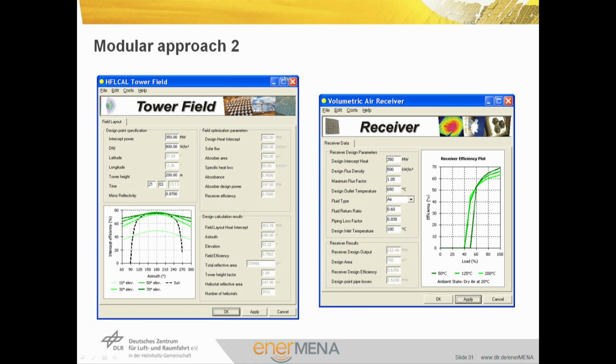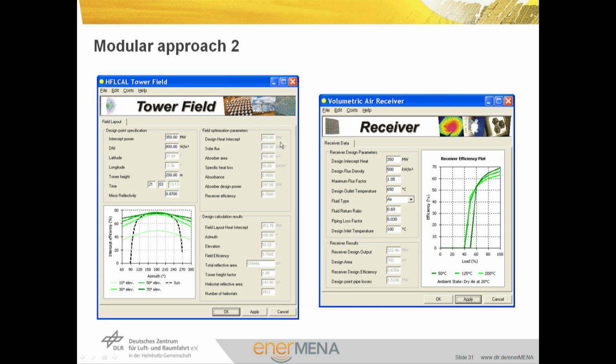And the solar tower field, in this case, is defined by a couple of pre-calculated and pre-optimized heliostat fields. For the solar tower field input window, the user has to define intercept power and design DNI, as well as tower height and design time, and also the mean mirror reflectivity.